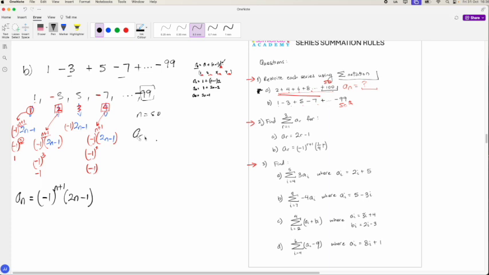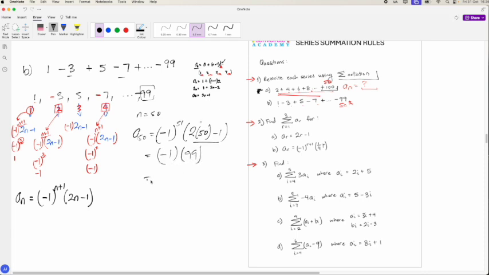So a_50 will be negative 1 to the power of 51 times 2 times 50 minus 1. And let's see what this works out to be. Well, of course, this is a negative number. This is 100 minus 1, which is 99.